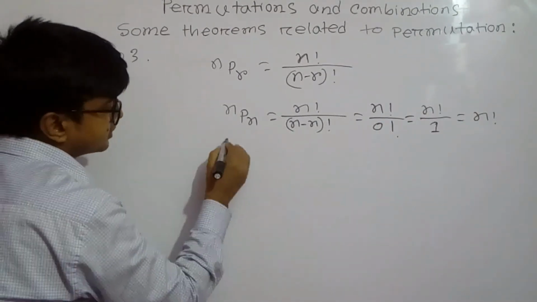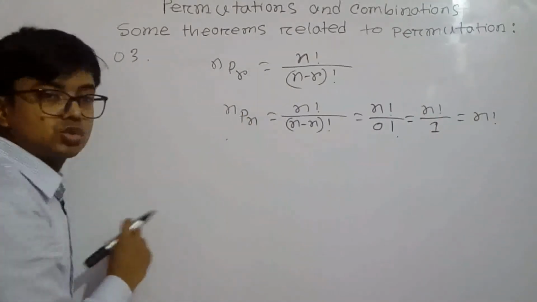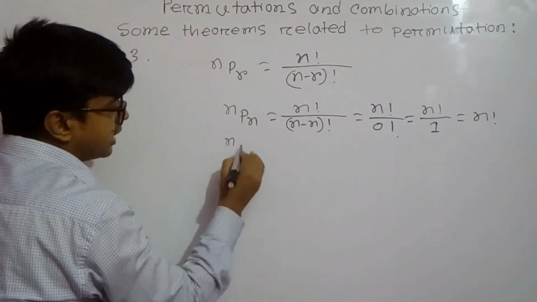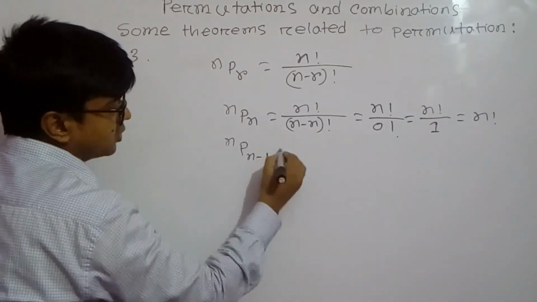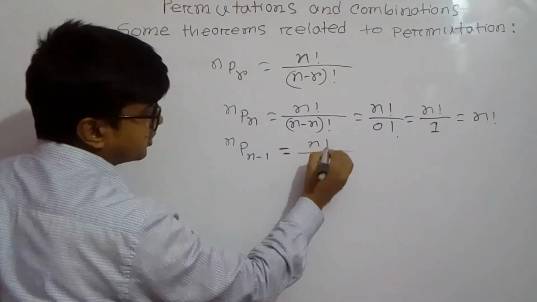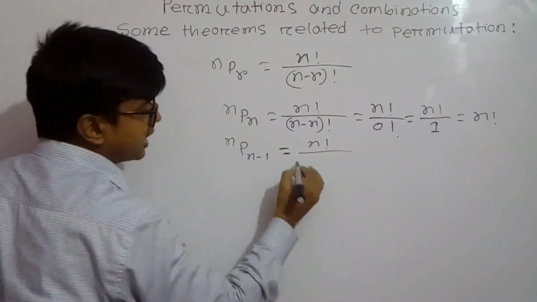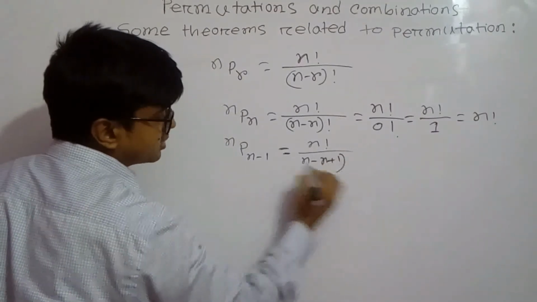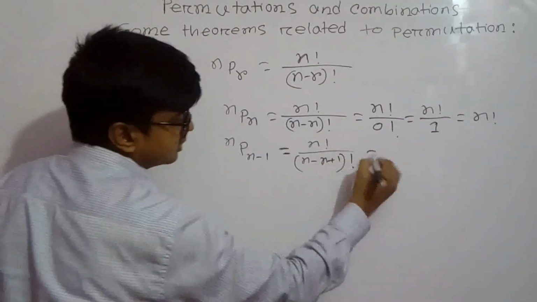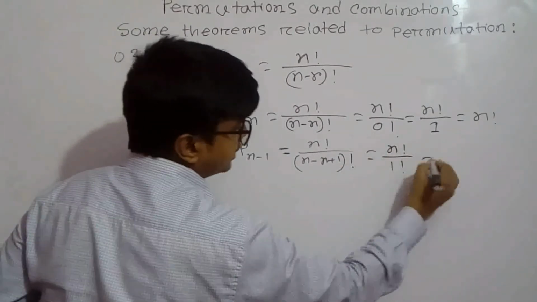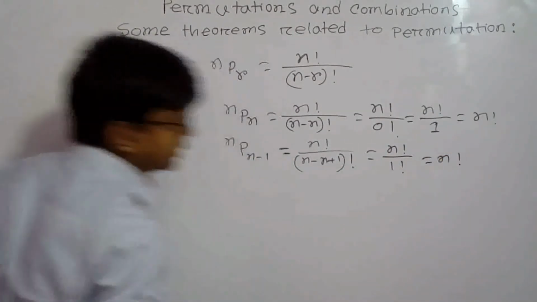Again, if r equals to n minus 1, suppose nP(n minus 1), so we can write here factorial n divided by factorial n minus n plus 1. So here factorial 1, and factorial n equals factorial n.